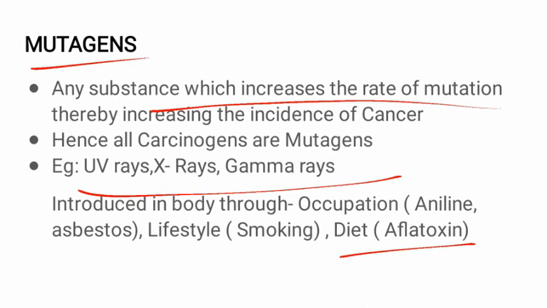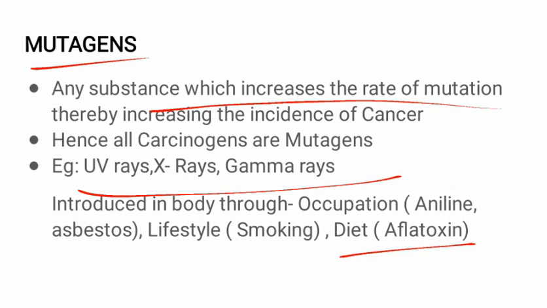Aflatoxin is produced by the fungus Aspergillus flavus. It normally grows on wet rice and wheat, and it is also found in cattle fodder, and it may enter our body through cow's milk. So we must always ensure that we purchase milk from a hygienic farm.